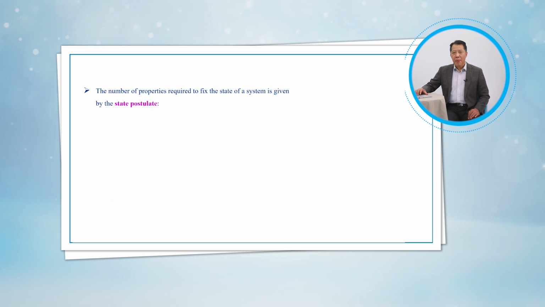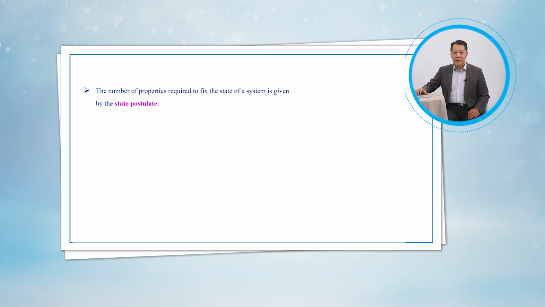As noted earlier, the state of a system is described by its properties. But we know from experience that we do not need to specify all the properties in order to fix a state. Once a sufficient number of properties are specified, the rest of the properties assume certain values automatically.